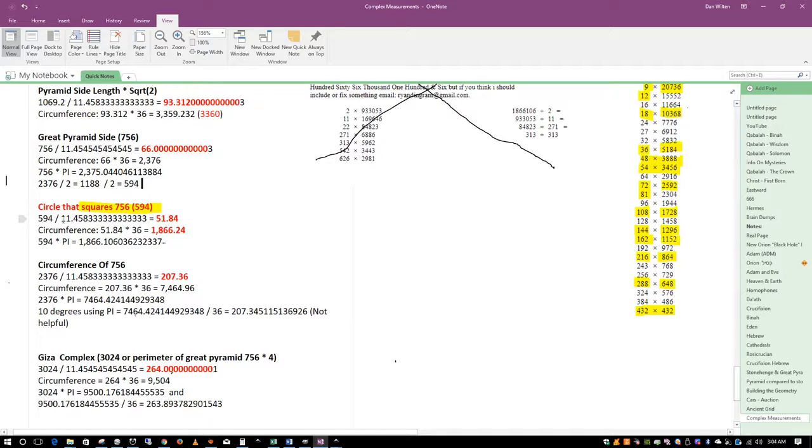So here we have the 594 divided by this particular ratio, and we actually get 51.84. Their circumference is this times 36, and that number is 186624. Now here's what I wanted to show you real quick, and why pi begins to fail.